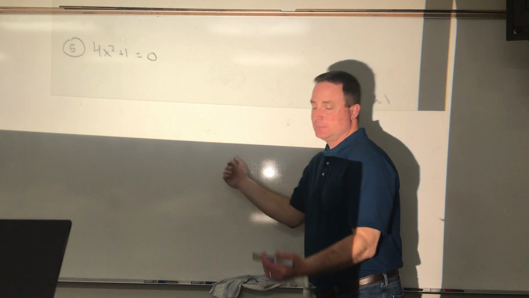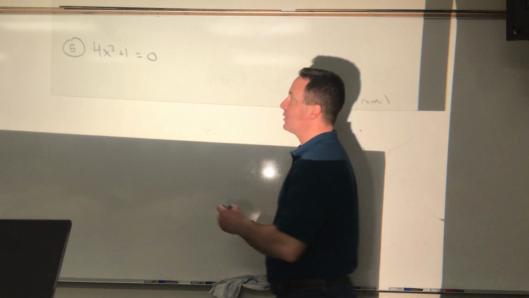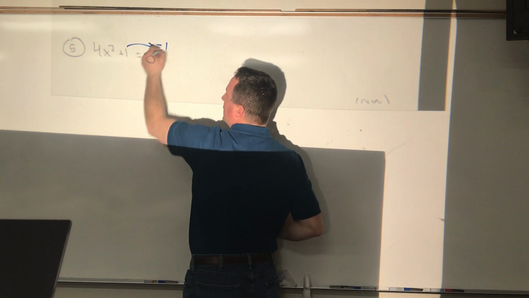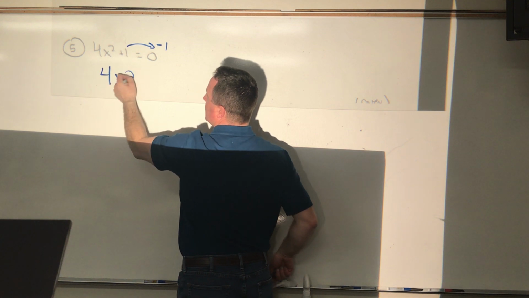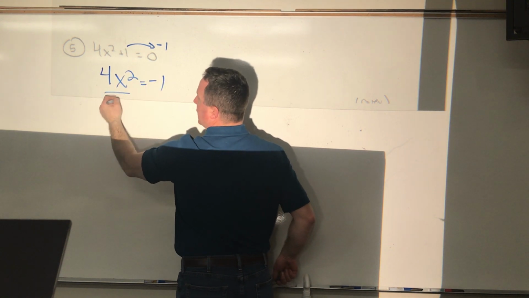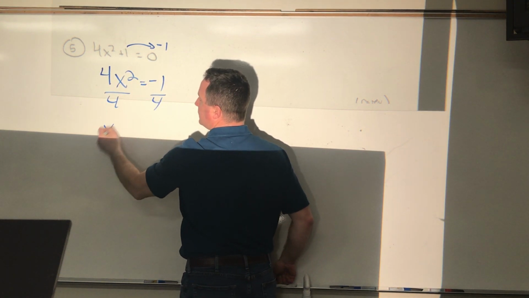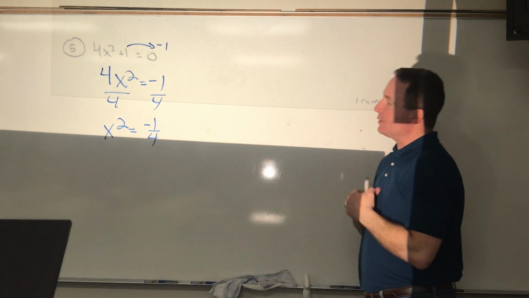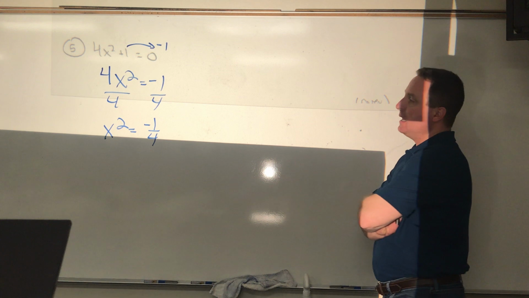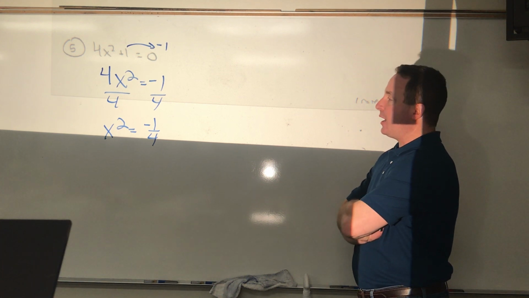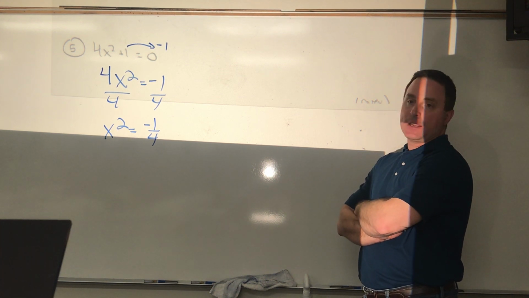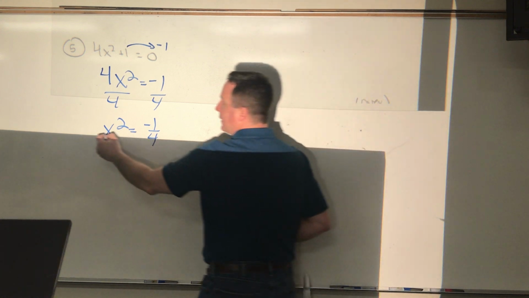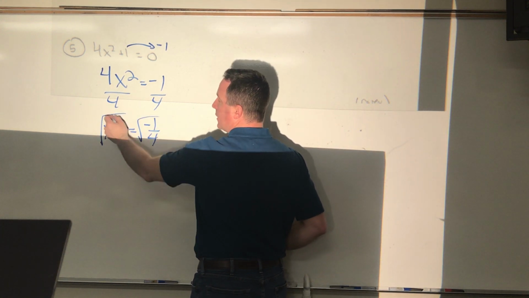So now what? Well, let's just try and solve it by using algebra. What if I subtract 1, and then I'm going to divide by 4. So I get x squared equals negative 1/4. Well, again, we don't want x squared, we just want regular plain old x, so I have to get rid of the square, and I'm going to square root both sides.